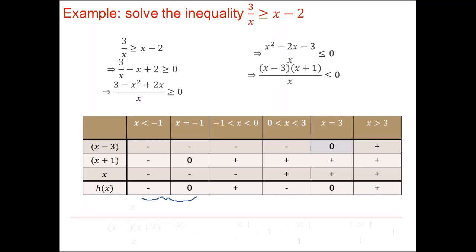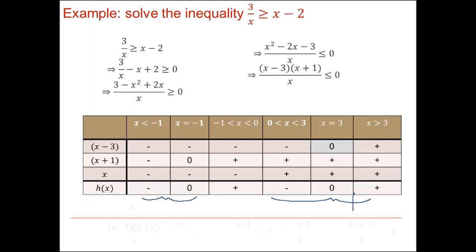and between 0 and, I beg your pardon, up to 3. So at that point it then becomes positive. So we have two regions where it is less than or equal to 0: x is below -1, or x is between 0 and 3.